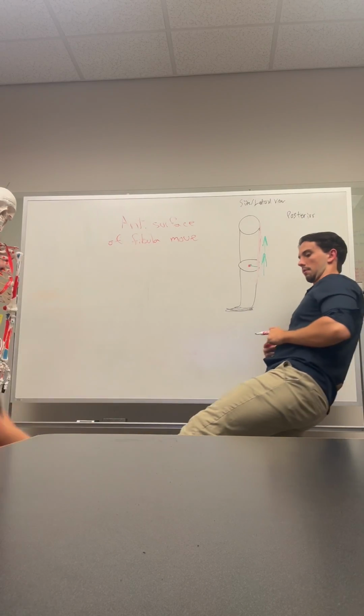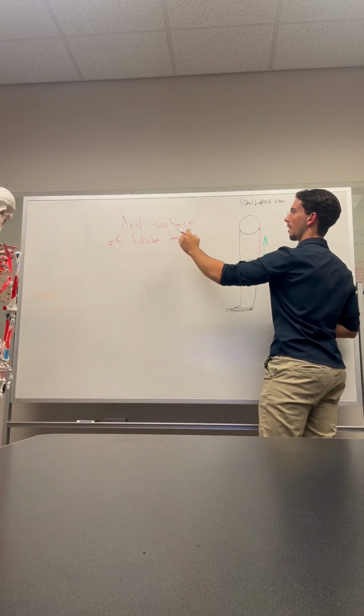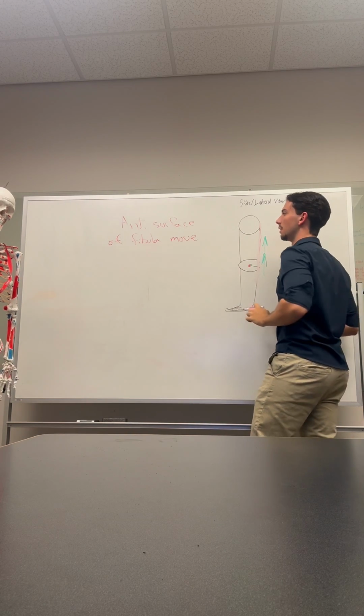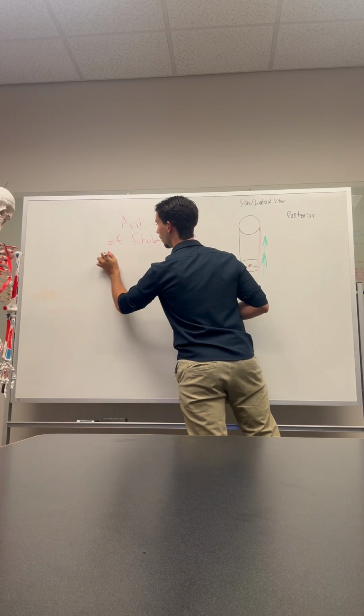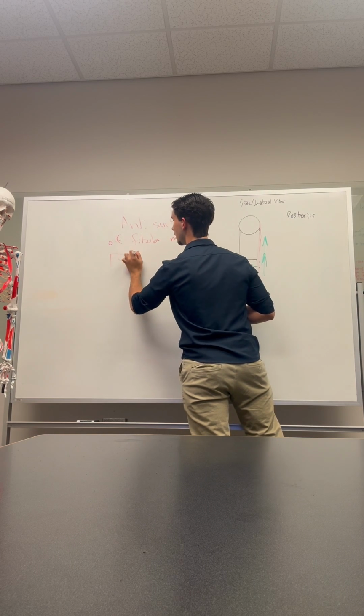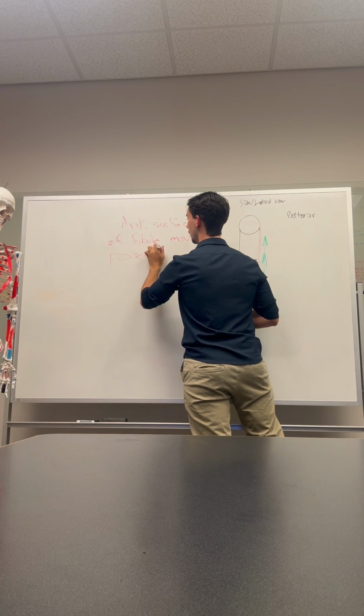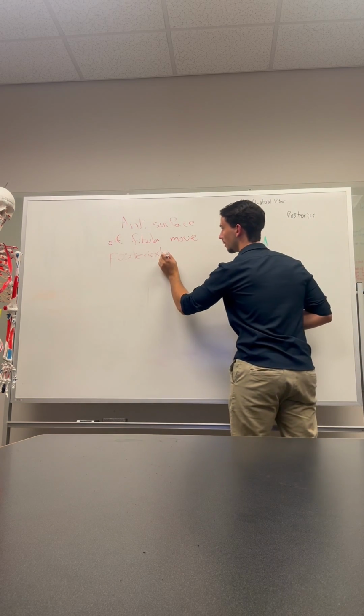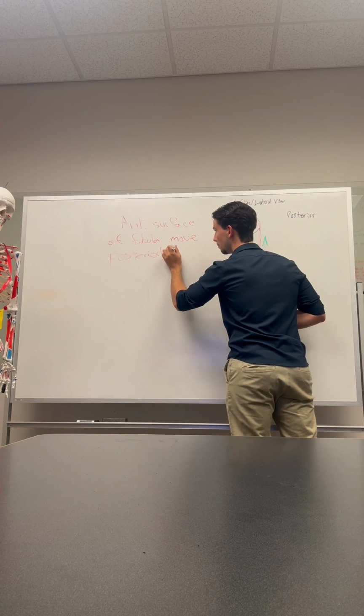Correct. So, the anterior surface of our fibula, our distal segment, is going to initially move posteriorly. And if we want to be even more fancy and say throughout the whole movement, we can say posterior/superior.